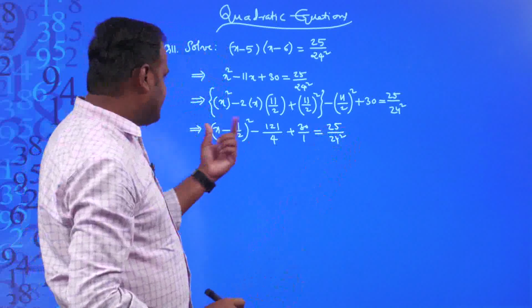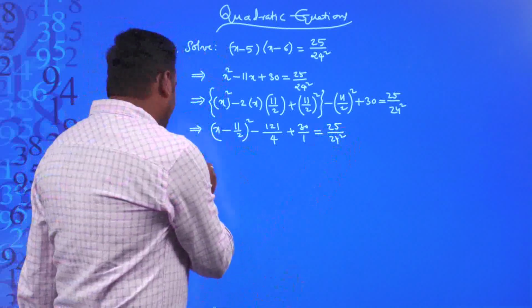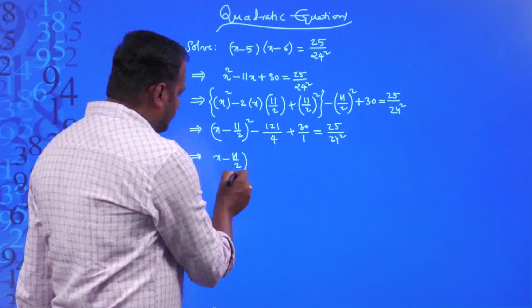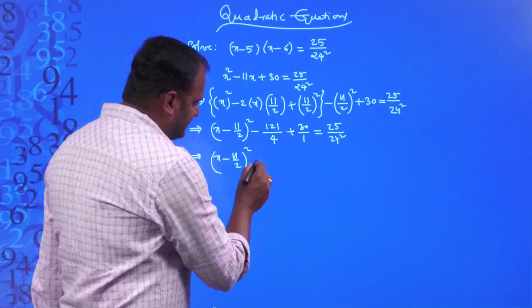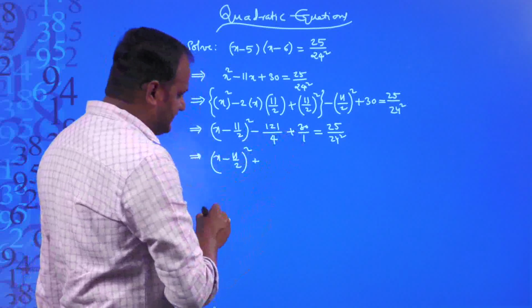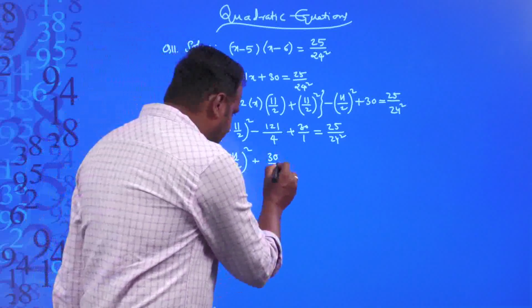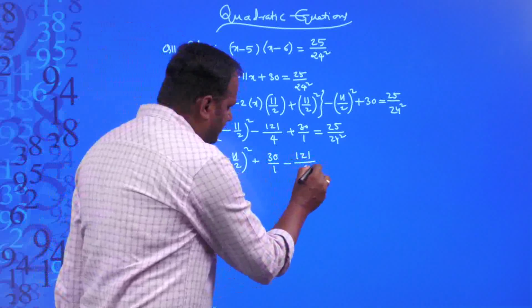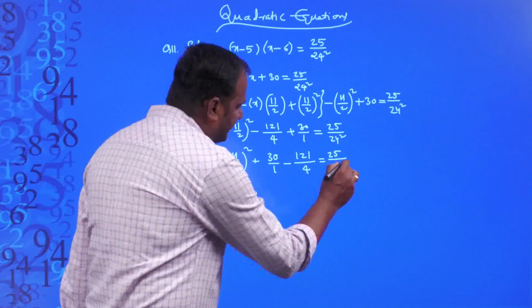Okay, let us leave it like this because you want x, and that x is located here only. That implies x minus 11 divided by 2 whole square. See, this is plus and this is minus, so I am using the first plus to avoid confusion. 30 divided by 1 minus 121 divided by 4 is equal to 25 divided by 24 square.